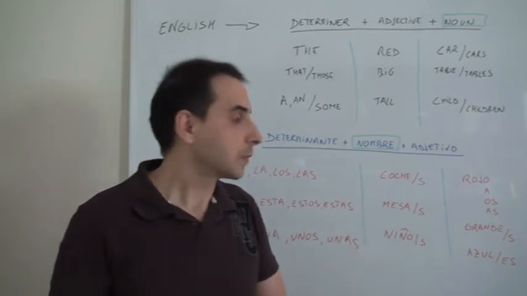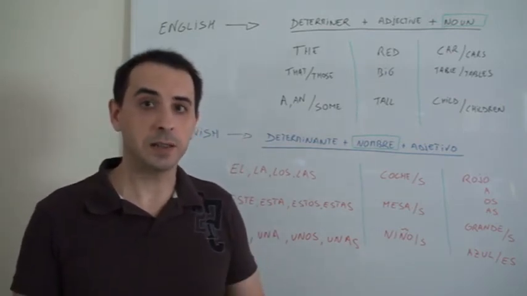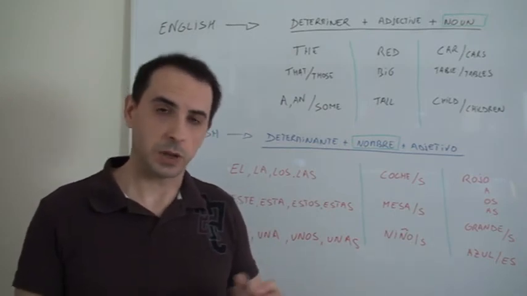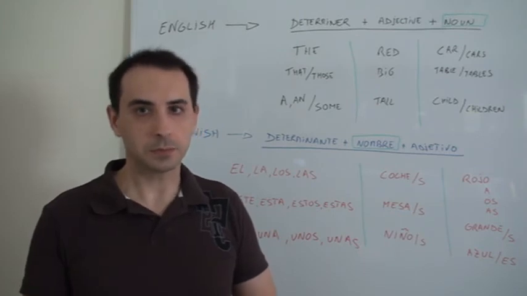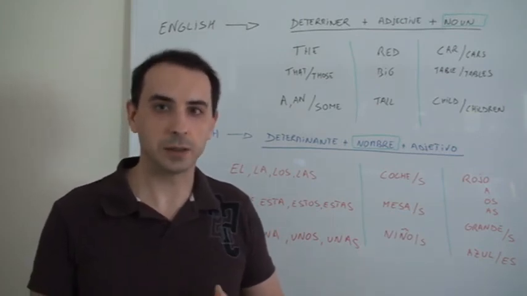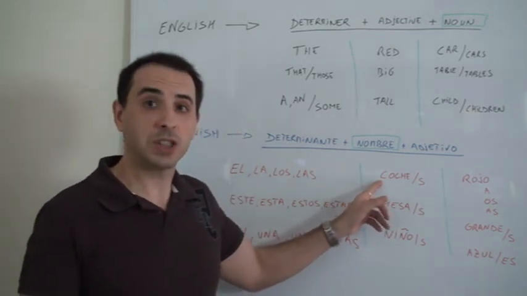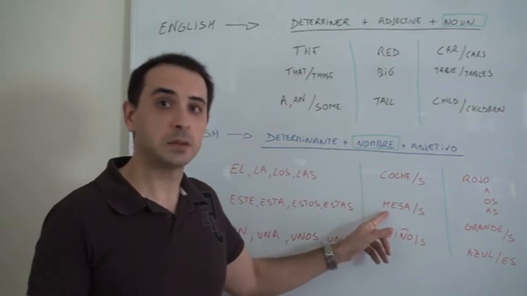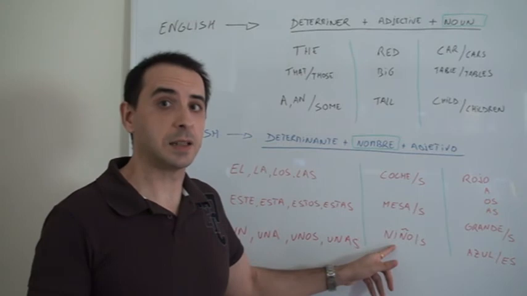Second one is every noun in Spanish is going to be masculine or feminine. Okay, male, female, if you want. It's not really male and female, but anyway. For example, coche is masculine, mesa is feminine, niño is masculine.